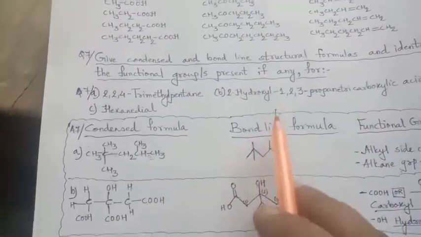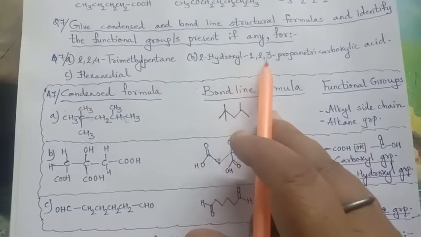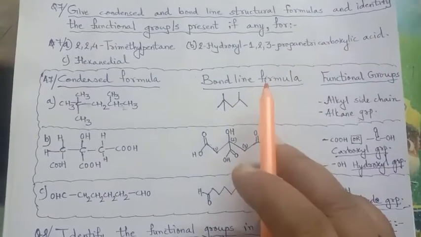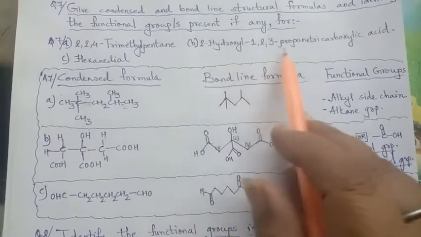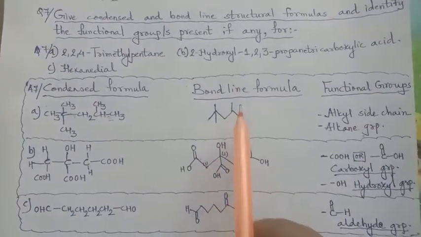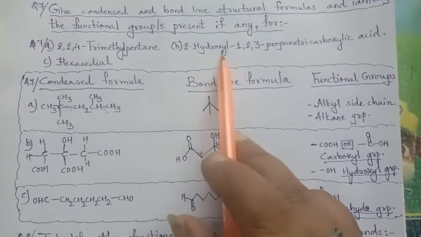The next is, what is the next? 2-hydroxy-1,2,3-propane tricarboxylic acid. A very good question, a very good compound given, where we are in need to use our rules of nomenclature. 2 hydroxy, right?